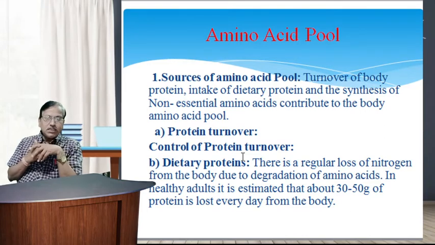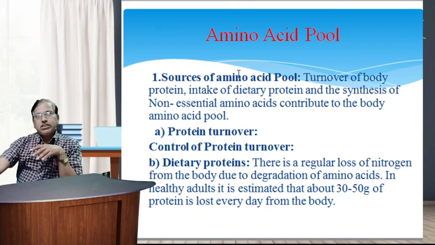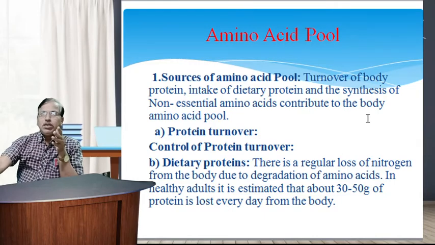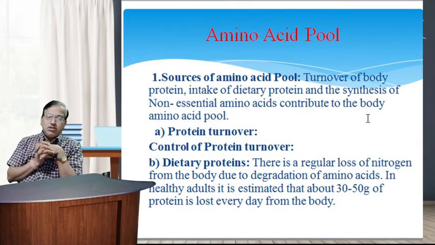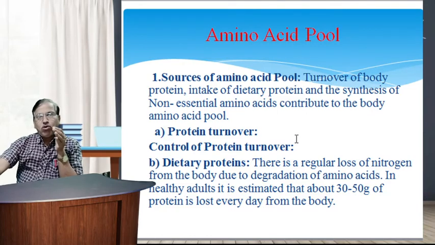The first stage is the sources of the amino acid pool. Turnover of body protein, intake of dietary protein, and the synthesis of non-essential amino acids contribute to the body amino acid pool. So the first method is protein turnover.